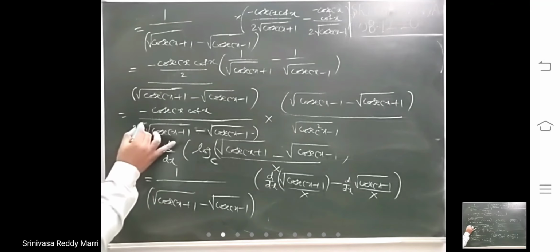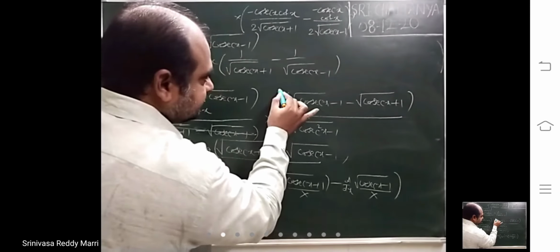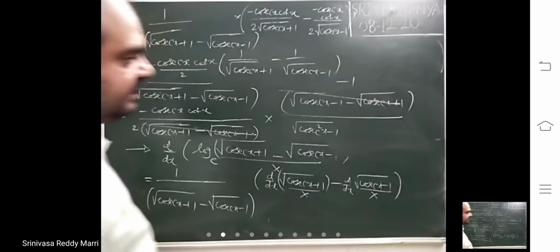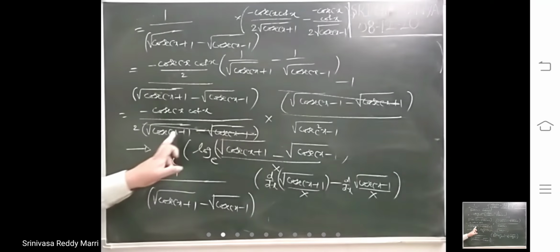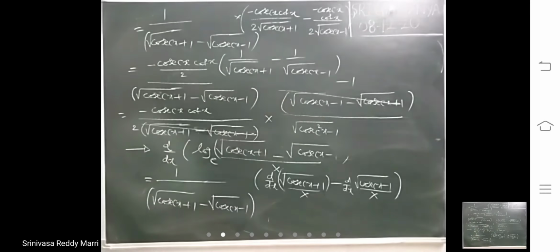Now look, this factor will get cancelled with this, then you will get minus 1, because to cancel you have to take minus common, so you will get minus 1 here.